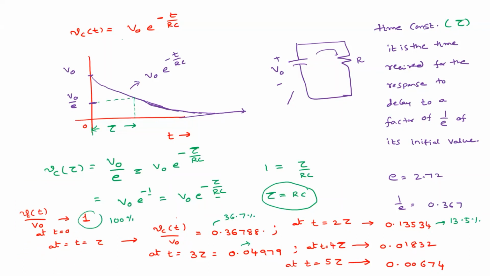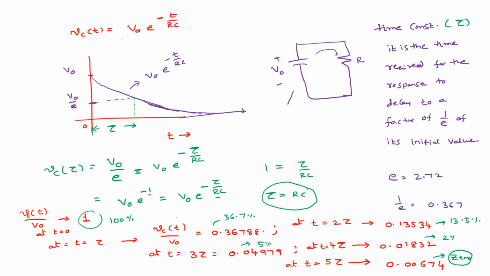This one is only 13.5%. This one is 4.9, so roughly 5%. This one is roughly 2%. And this one is roughly 0.6%, so it is almost zero.